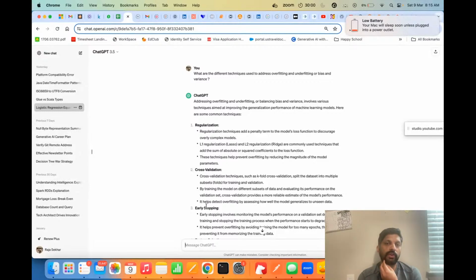You break it down into 5 sets, and you train the model on 5 different subsets of the data, and we evaluate performance on each of them. That's a more reliable estimate of the model's performance. It helps detect overfitting by assessing how well the model generalizes to unseen data.